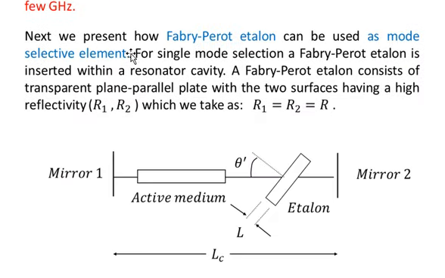So next we present how a Fabry-Perot Etalon can be used as a mode selective element. For single mode selection, a Fabry-Perot Etalon is inserted within a resonator cavity.